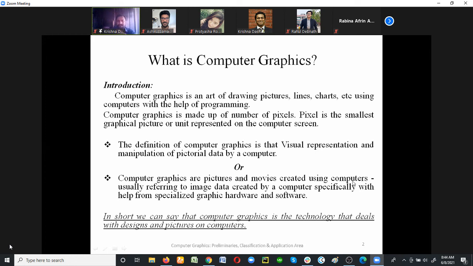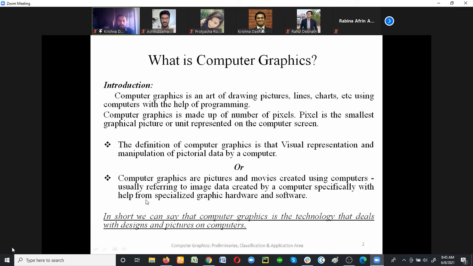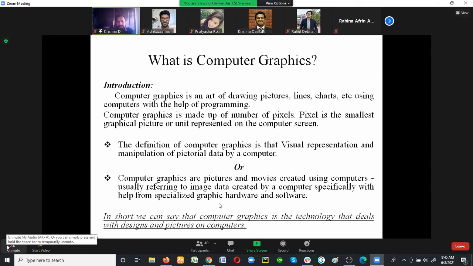So again, we can say that computer graphics are the pictures and movies created using computers, usually referring to the image data. Said another way, pictorial data created by the computer, specifically with help from specialized graphic hardware and software. You see that now it is more emphasized. We always say it with the help of programming or computer activity.